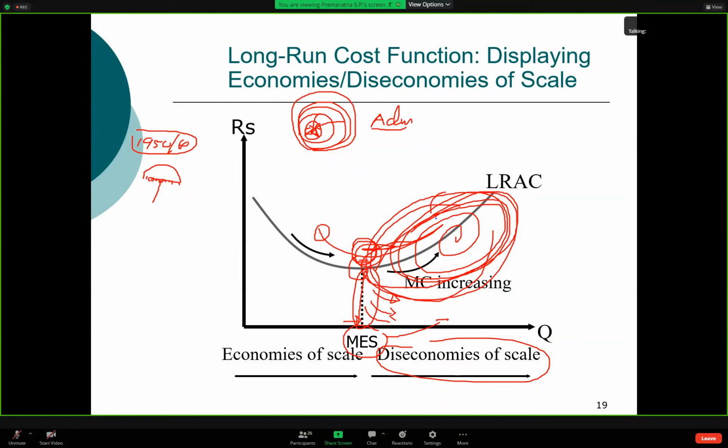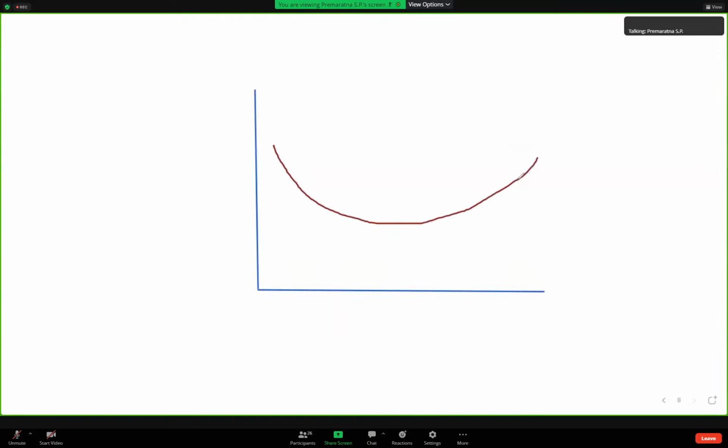Like I mentioned, if you put the ball on the long run average cost curve and it comes into this range, it comes back and settles down. The industrial world also moved on from the one umbrella concept, hierarchy.